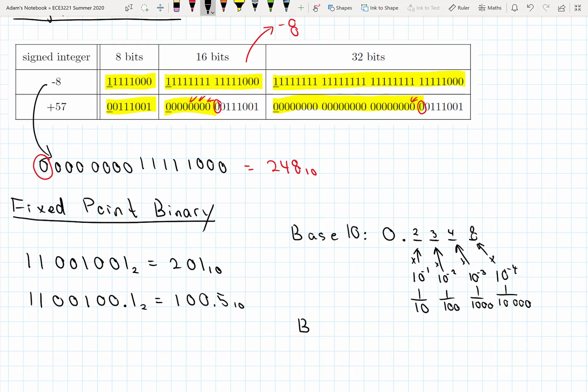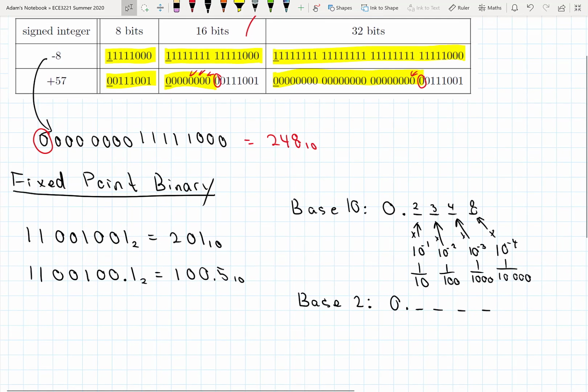But with base 2, my positions to the right of the decimal are to a base of 2. So this position is the weight times 2 to the minus 1. The weight can only be 1 or 0 because in base 2 I can only have a 1 or a 0.